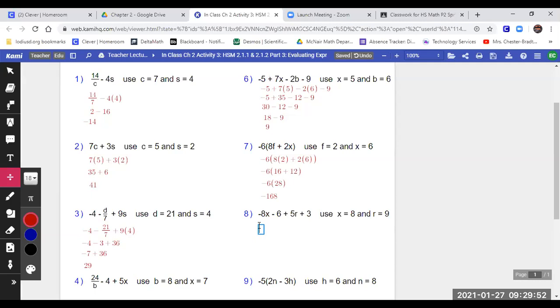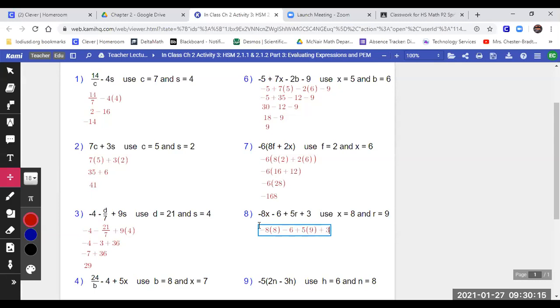Number 8. We've got a -8. In parentheses, I'm putting what? What's the X stand for? 8. Then I say -6, and I say +5. And in parentheses, I'm putting what? The 9.